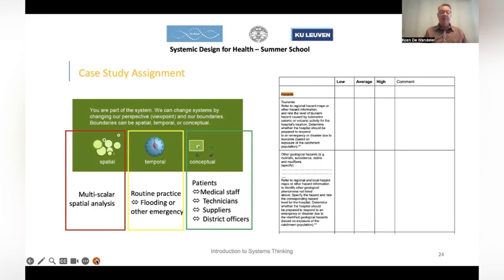And it will look at the conceptual perspective, because besides the service that the primary healthcare center delivers to patients, you will also look at the perspective of medical staff, of technicians, suppliers, even district officers.